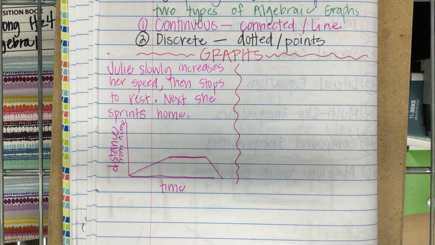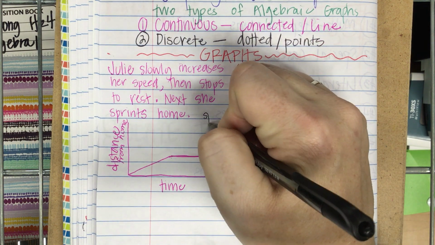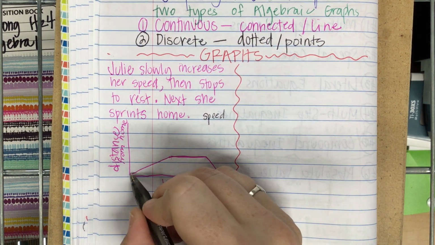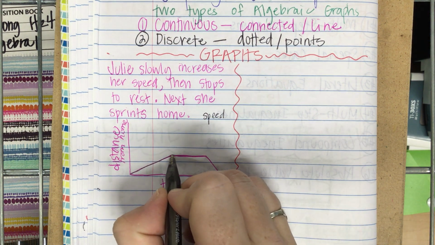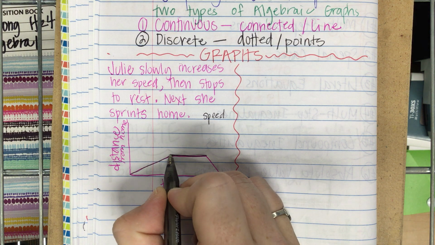But if I wanted to graph her speed, not her distance from home, my graph would look different. Do you agree? If I was going to graph her speed, it would look the same here. This would be the same, but then what would happen?